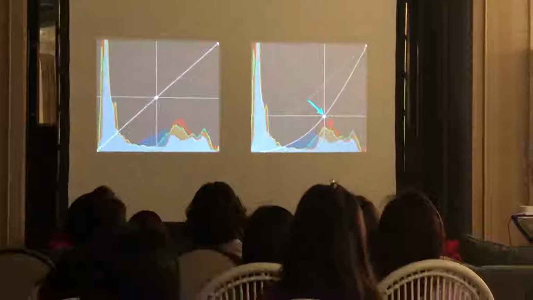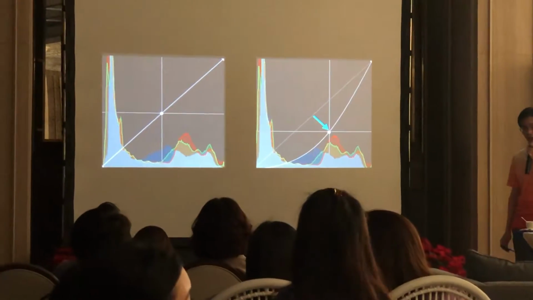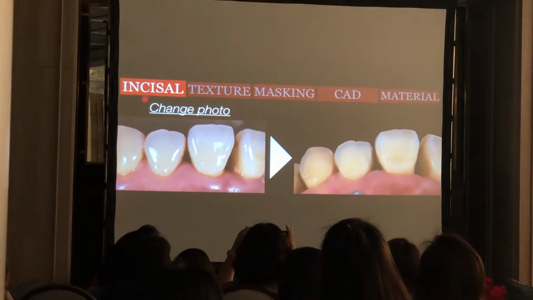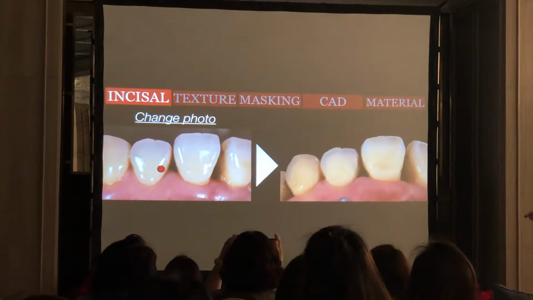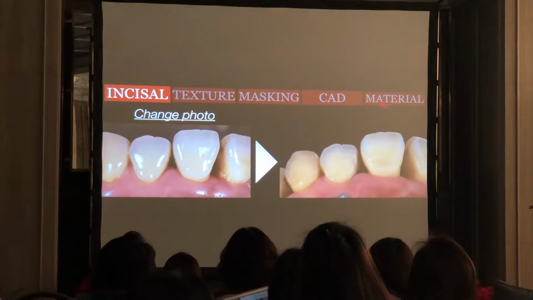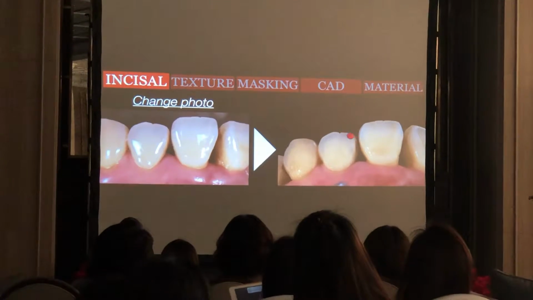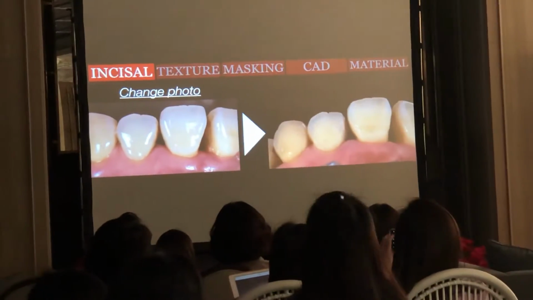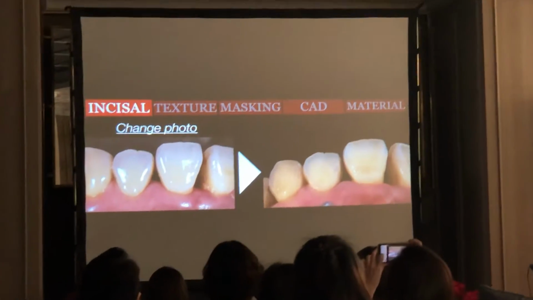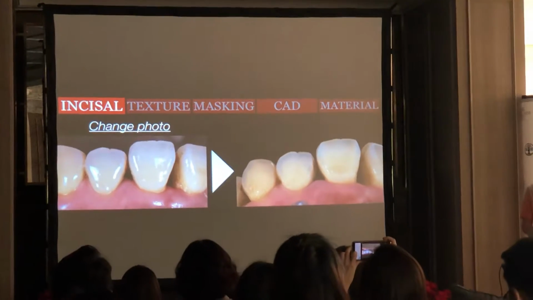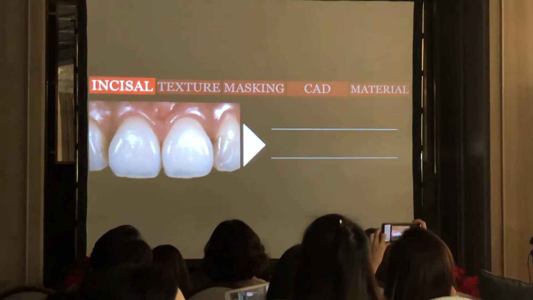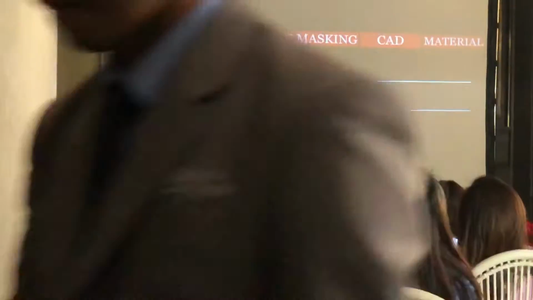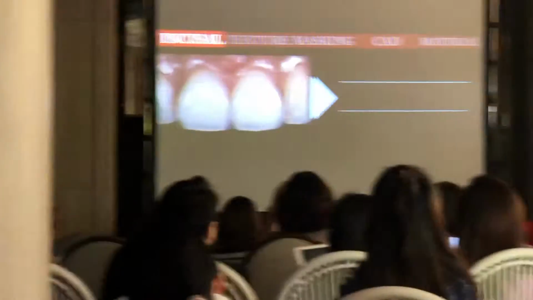Or if you have the equipment called Polar Eyes, you can just shoot the photo with Polar Eyes, and this will become this one. You can see through the whole incisal edge alignment. And this is very convenient for the dental technician, and of course for you to judge, can I promise the patient this can be finished in 1 day or not?